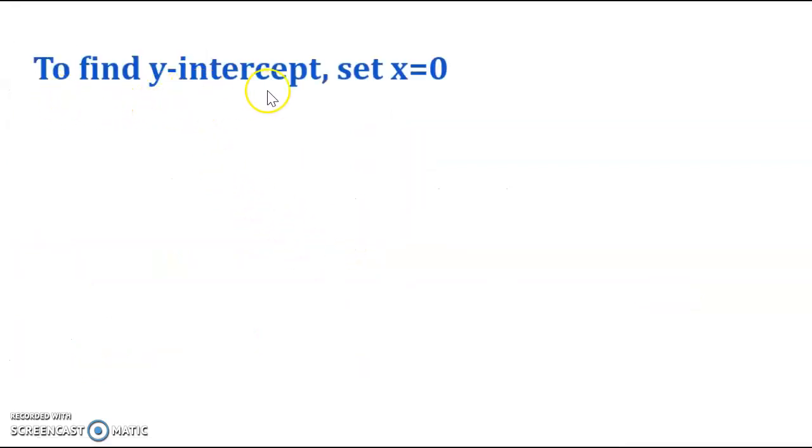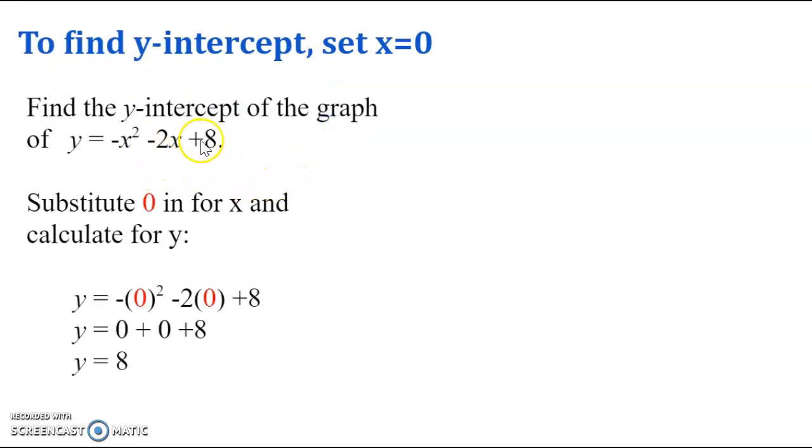So to find the y-intercept, we're going to set x to be 0. And so to find the y-intercept of the graph of y is equal to negative x squared minus 2x plus 8, you're going to substitute 0 in for x and calculate for y. So this is my original equation.